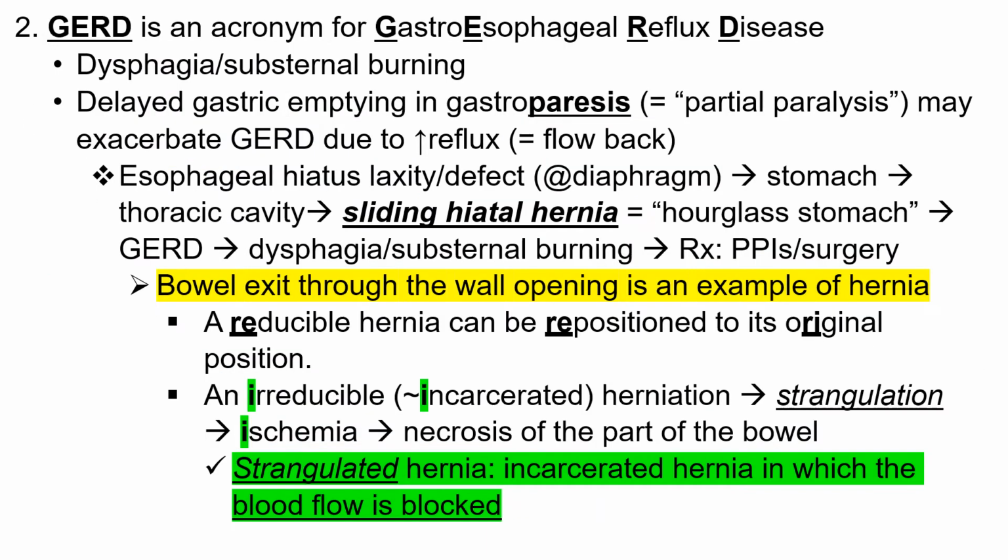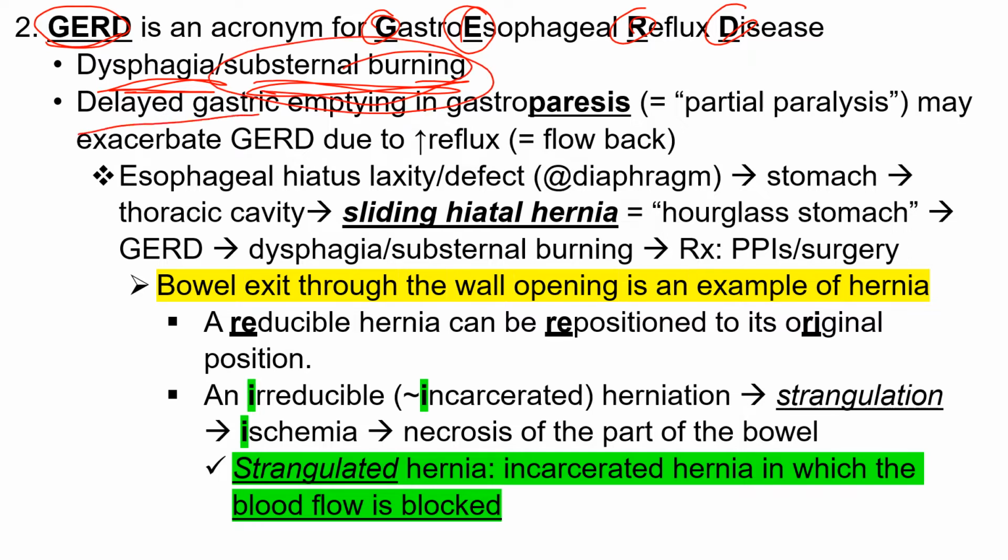All right, the second term that you need to know, and you probably do very well, is called GERD, gastroesophageal reflux disease. We did it in week 1, and we're also reviewing it now. Dysphagia, difficulty swallowing, and substernal burning is a given because acid from the stomach flows back and burns the esophagus, so there is a substernal burning.